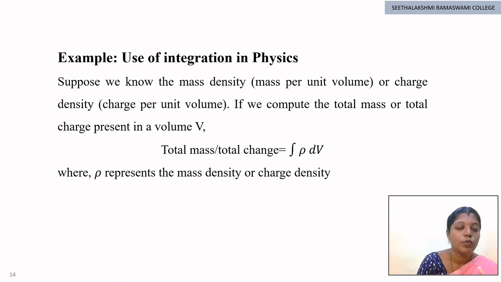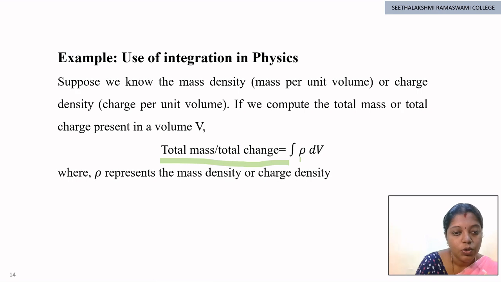So in differentiation, you try to understand the variation in f for a unit change in t or something. Here, you know the mass for unit volume, and you want to know the mass for the complete volume V. So to find the total mass, you integrate rho dV.